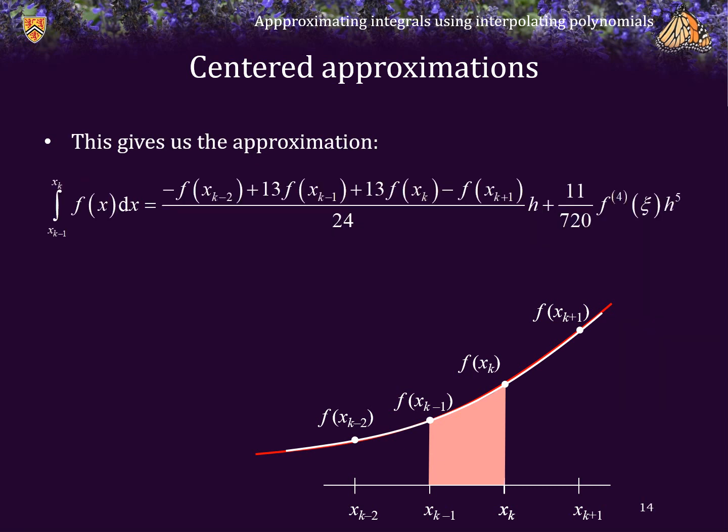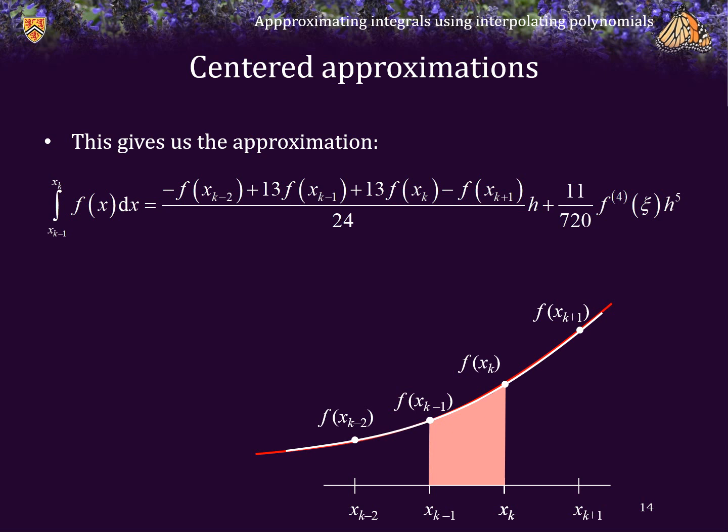So if you were to do what we've done before, shift towards the origin, integrate, you'd get the following formula. So the area under the interpolating cubic from x sub k minus 1 to x sub k is given by this expression. Notice it's a weighted average of the 4 values of the function at those 4 points.